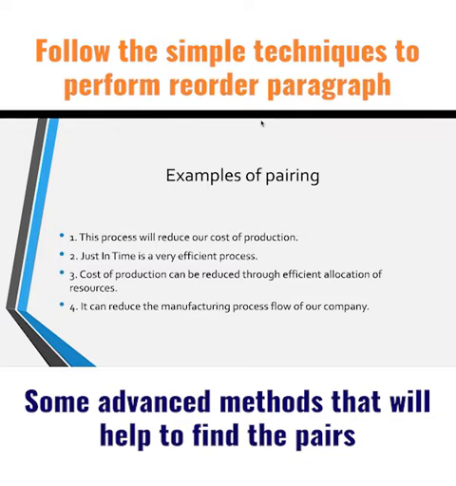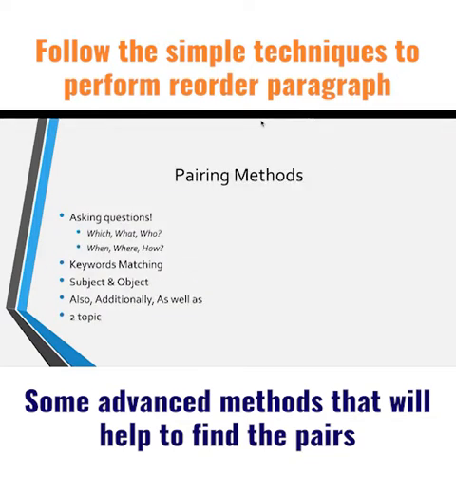So here are a couple of examples, and these are a bit tricky or advanced methods I would recommend you to use to find pairs. Whenever you have a reorder paragraph, it's always important to ask questions. What do I mean by ask questions? When you read one sentence, look at a link and ask a question. Normally the link is a pronoun.